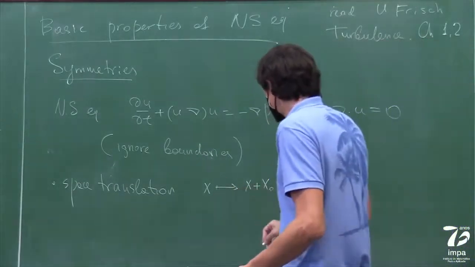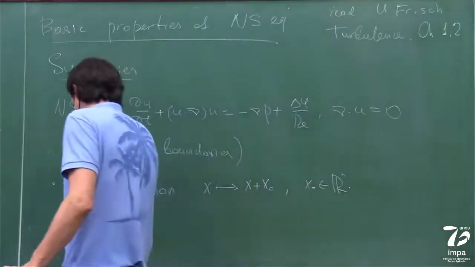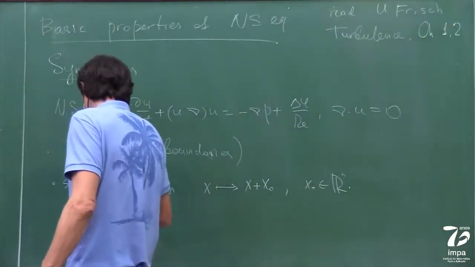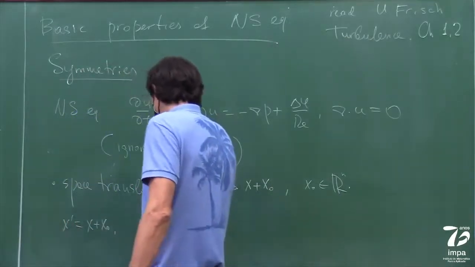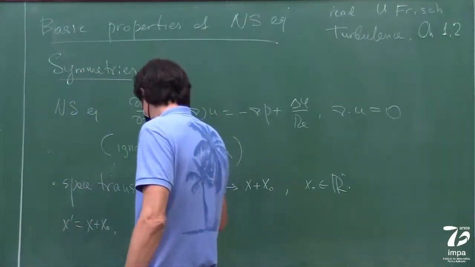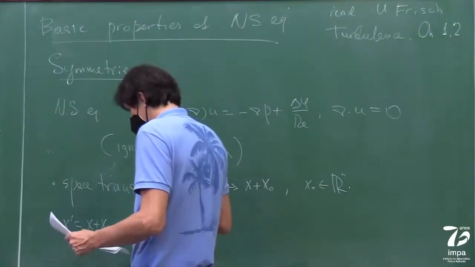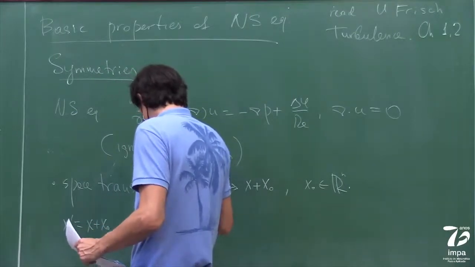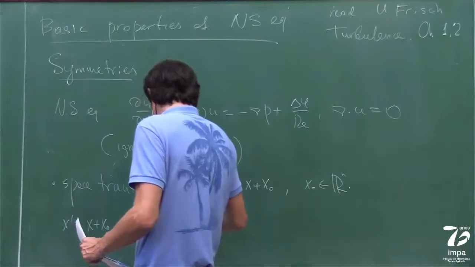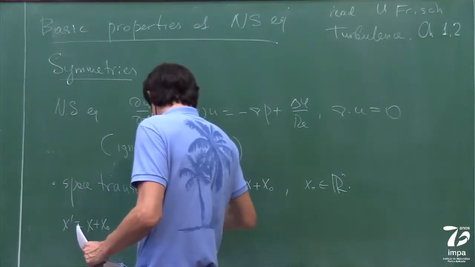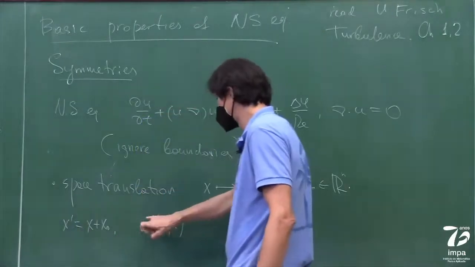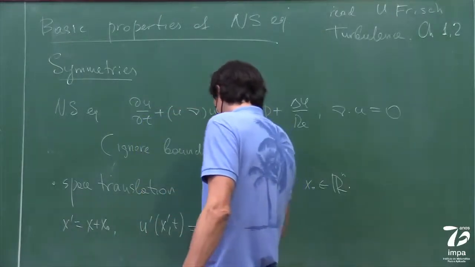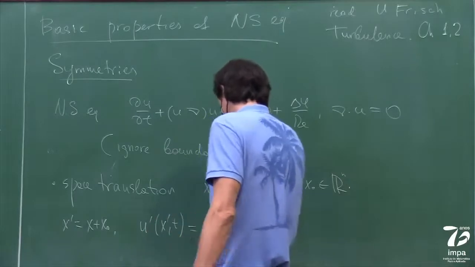It means that you define a new coordinate, and you define a new field depending on this new coordinate, which is the same as the old field because u doesn't change.